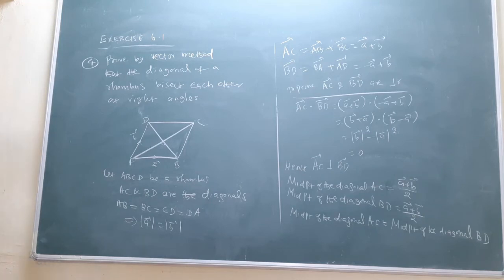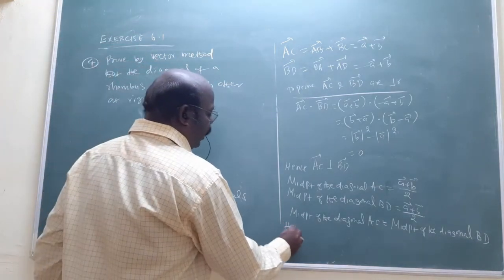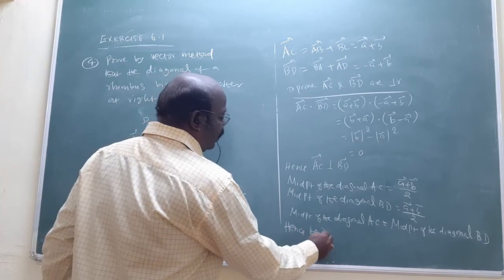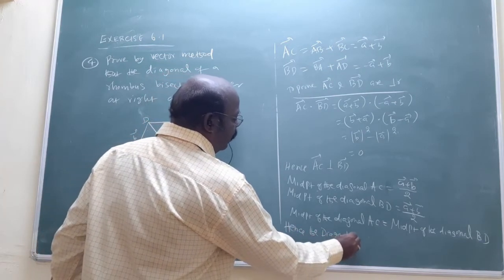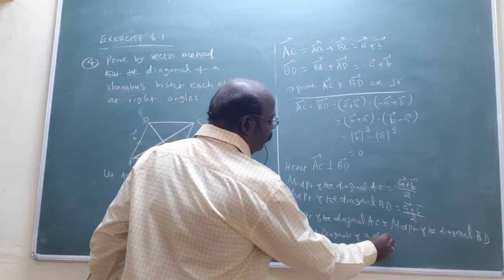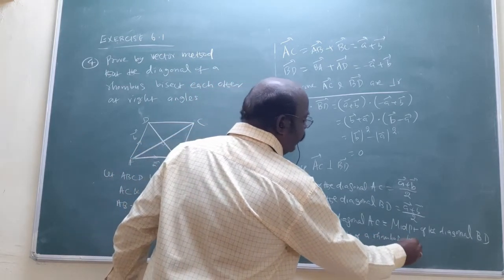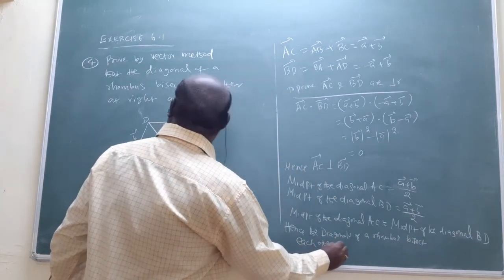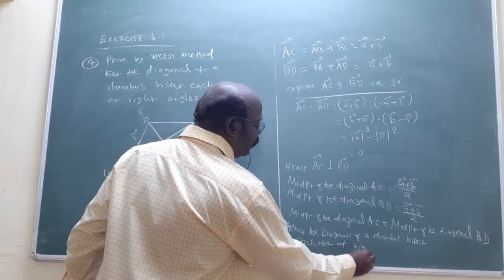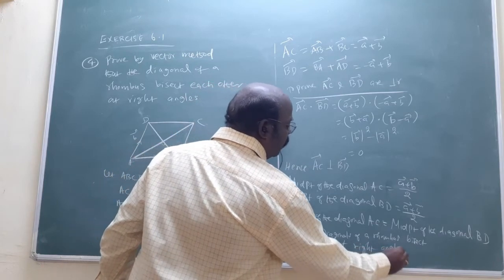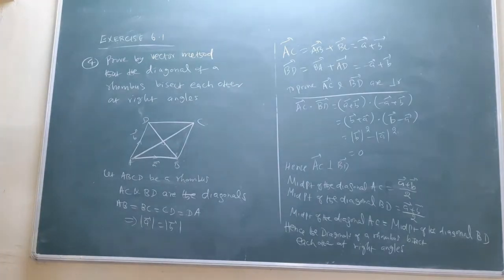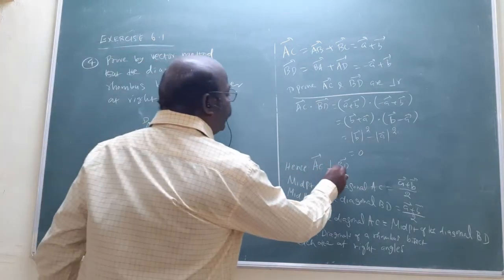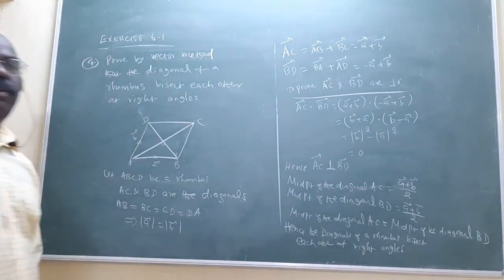Hence, together, the diagonals of a rhombus bisect each other at the right angle. That's all. You want to prove perpendicular, that is right angle. Another one, bisect each other. Bisect means equal midpoints. That's all.